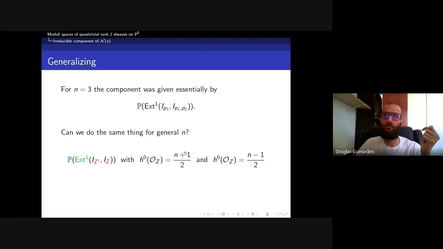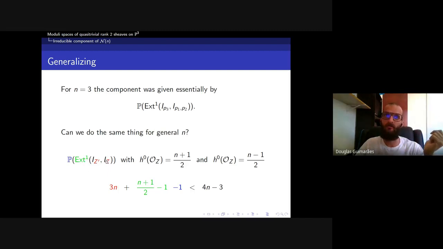So we put (n+1)/2 on the left side and n−1 on the right side. If you try to compute the dimension of this family now, we have the choice of n distinct points, which has dimension 3n. And the dimension of the choice of extensions is given by the lemma that we said before.